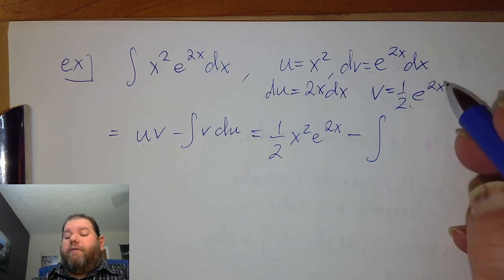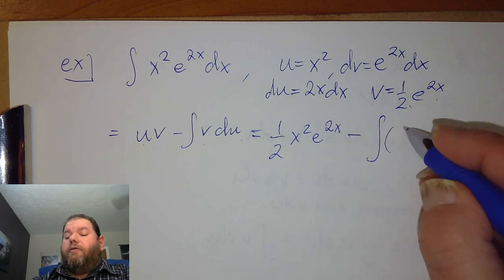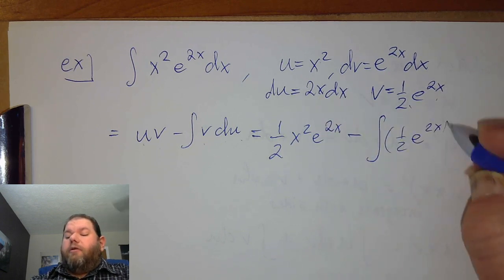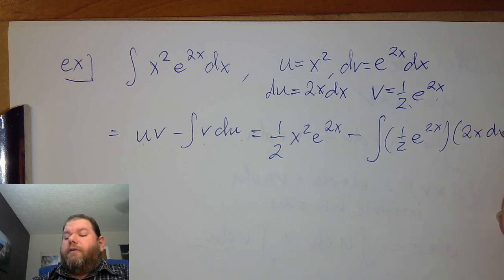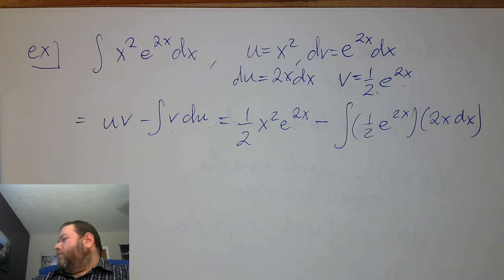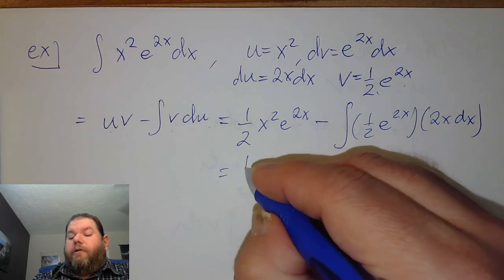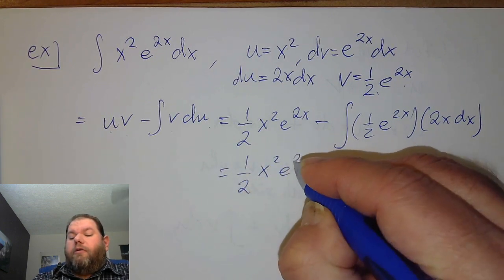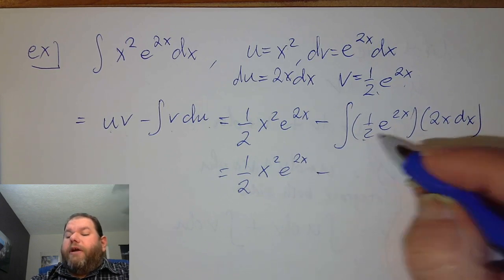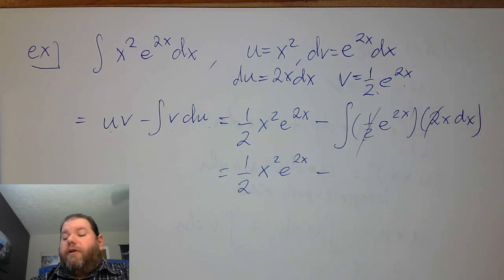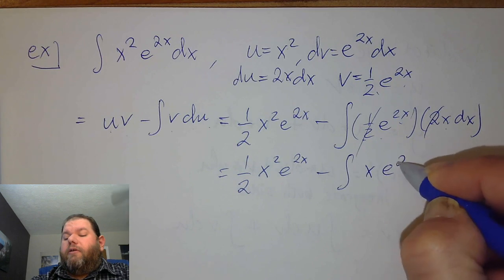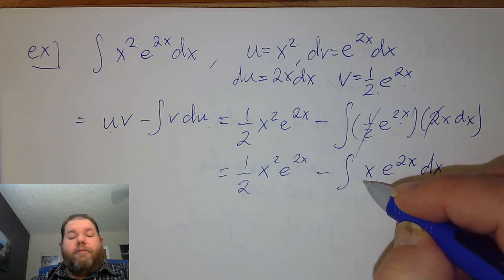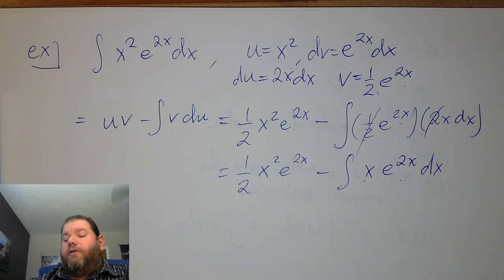So plug in v, 1/2 e to the 2x times du, which is 2x dx. Now, we have a 1/2 and a 2. Those will actually cancel each other out. And then we just have x e to the 2x dx. Our standard order would be to write the polynomial before the exponential.